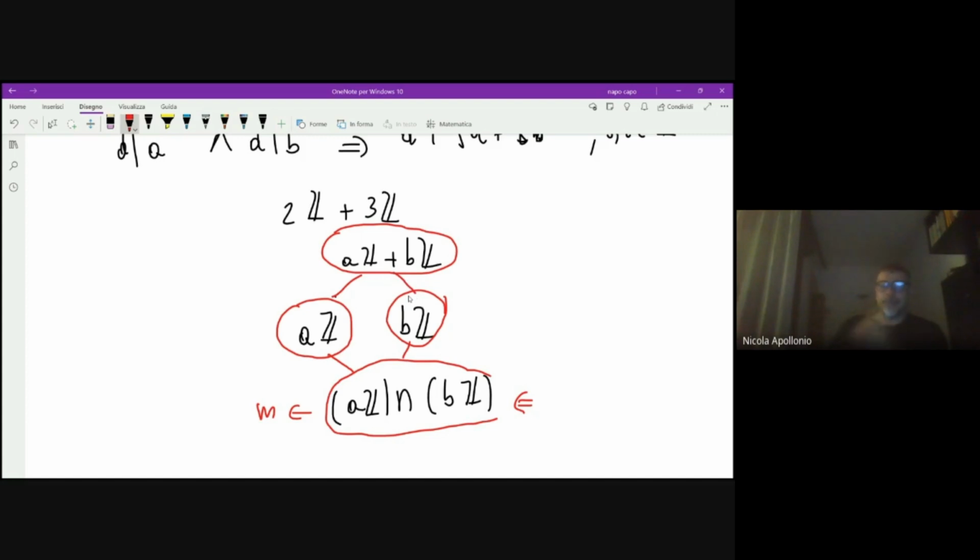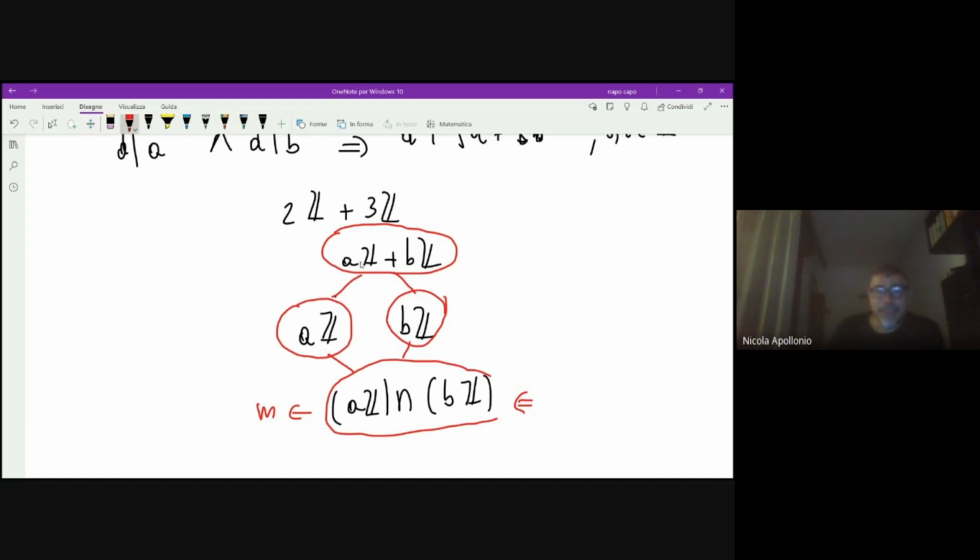Why is it true that the set of linear integer combinations of A and B contains both AZ and BZ, these two cosets? Why is this true?